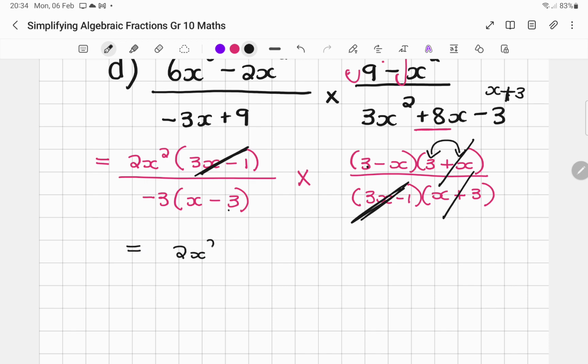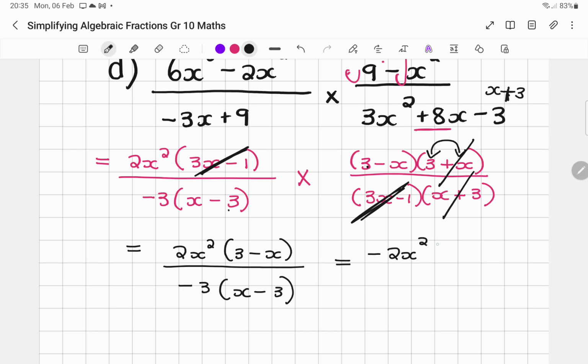So I've got 2x squared. Let's just bring it all together. Times 3 minus x over negative 3 times x minus 3. So I'm going to make the top the same. I'm going to take out a negative, which means I'll be left with negative 2x squared.